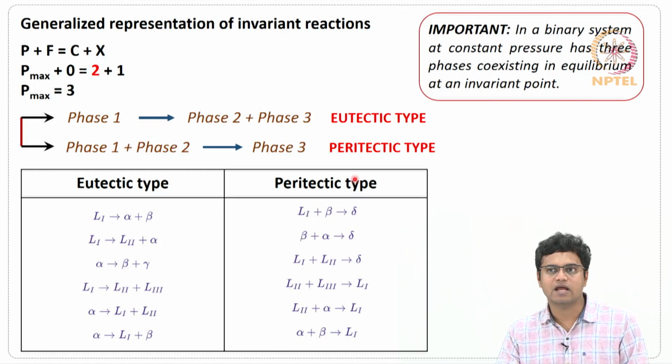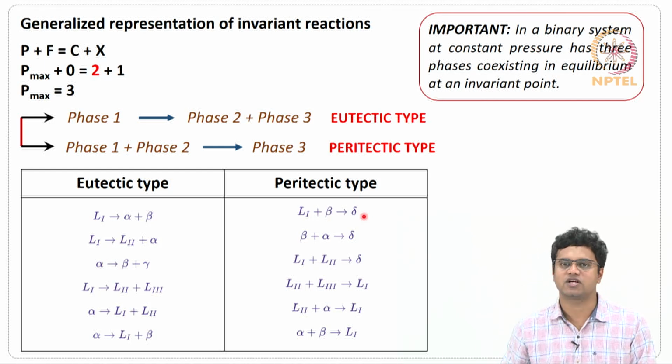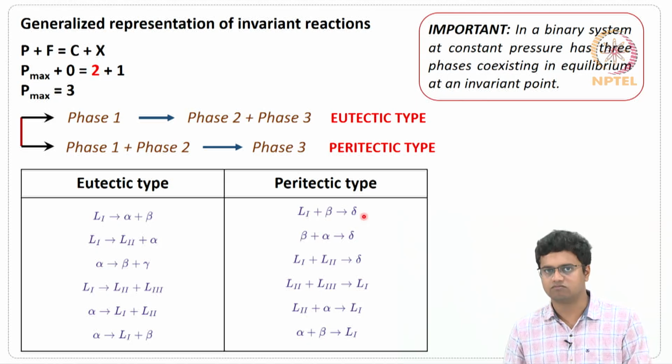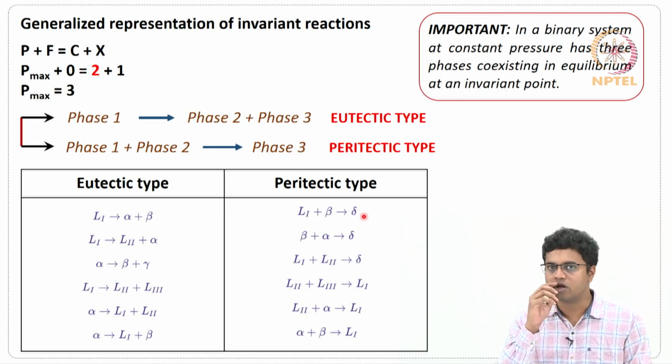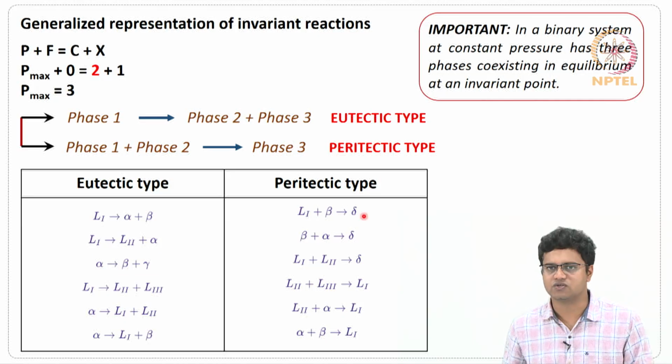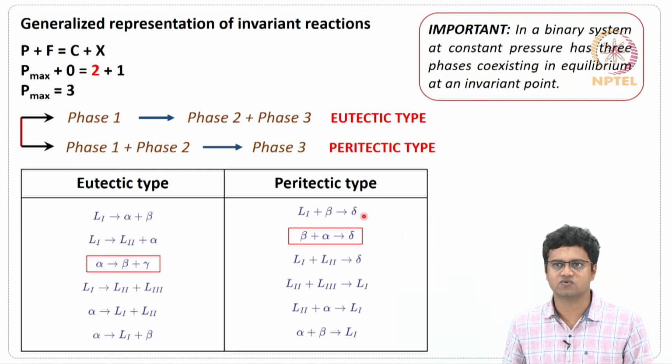Now, a peritectic type of reaction is where two phases result in one phase. The reaction between two phases gives a third phase. Okay. Now, out of these reactions, I would like to mention two important reactions.